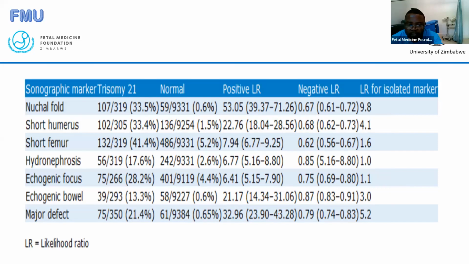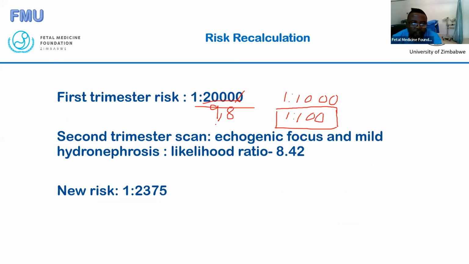Probably we might end up with a combined likelihood ratio of 15 to 20 there. It is the same figure that you are going to use to divide here. Let's say the likelihood ratio is 32. So I'm going to divide 32 into this to get the new risk.